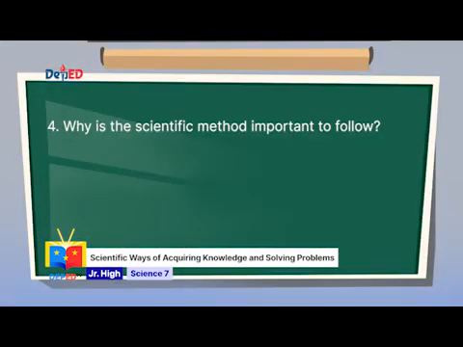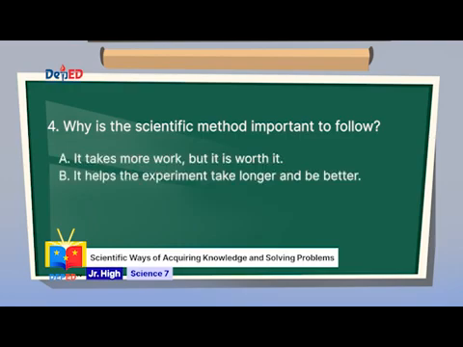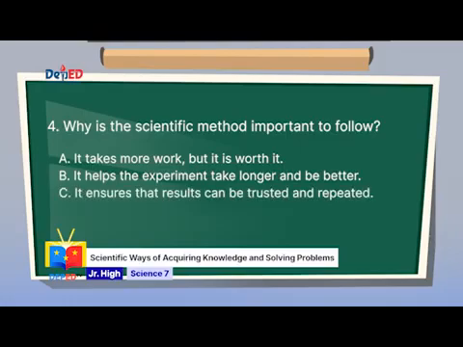Number 4. Why is scientific method an important process in doing experiments? A. It takes more work, but it is worth it. B. It helps the experiment to take longer and be better. C. It ensures that results can be trusted and repeated.